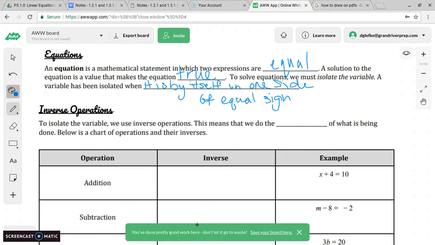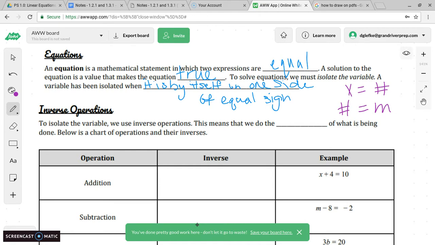So what that could look like, if we are solving for x, we could get x equals and then some number. If we were solving for m, we could have m equals a number. Okay, so our variable is by itself, and then there's an equal sign, and there's a number or something on the other side, but we're getting that variable by itself.